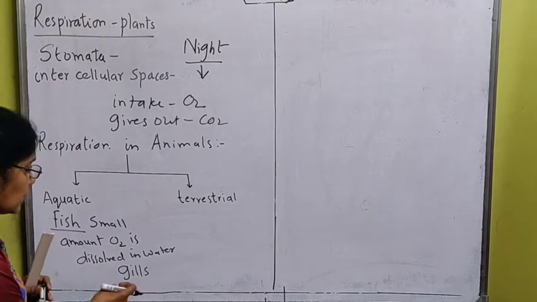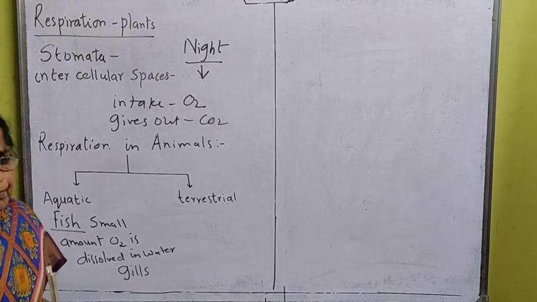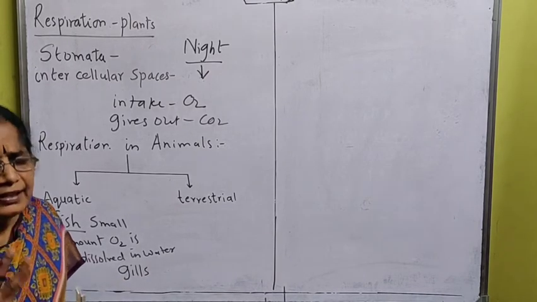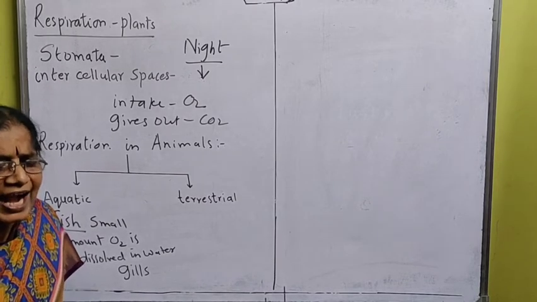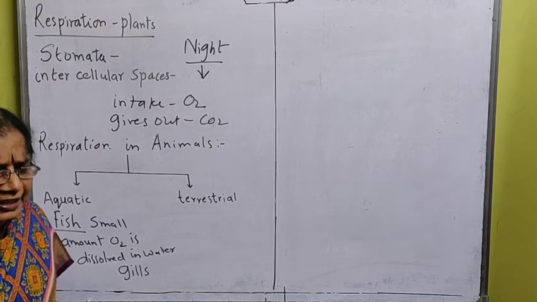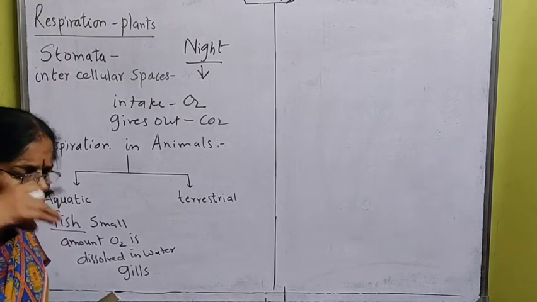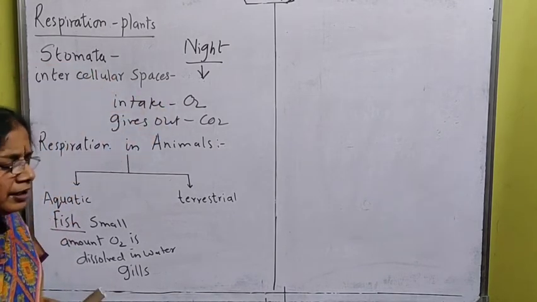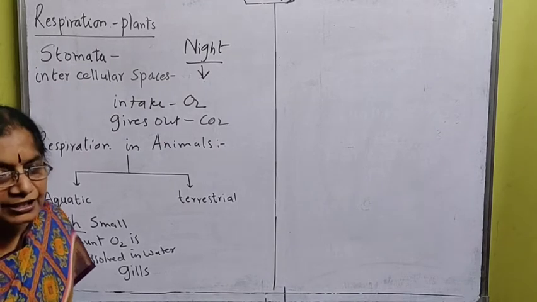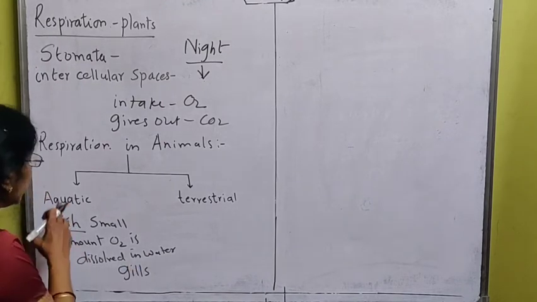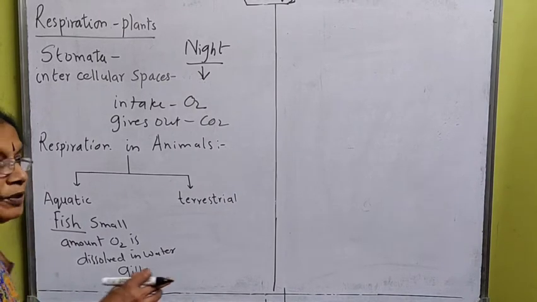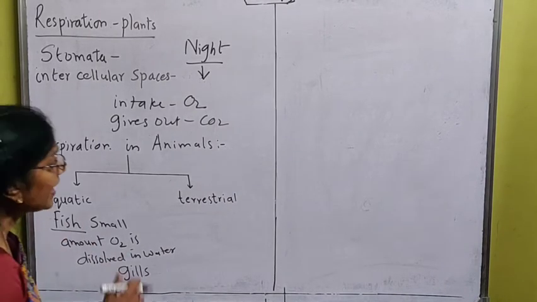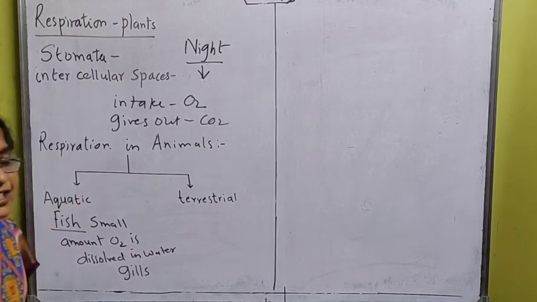That is why the gills absorb the dissolved oxygen from the water, and it is taken to the other parts of the body. So that is how respiration takes place in aquatic animals, that is the animals which are found in water. Terrestrial. What is meant by terrestrial animals?